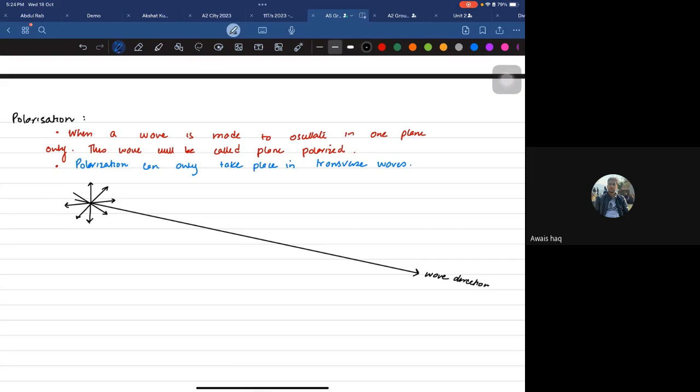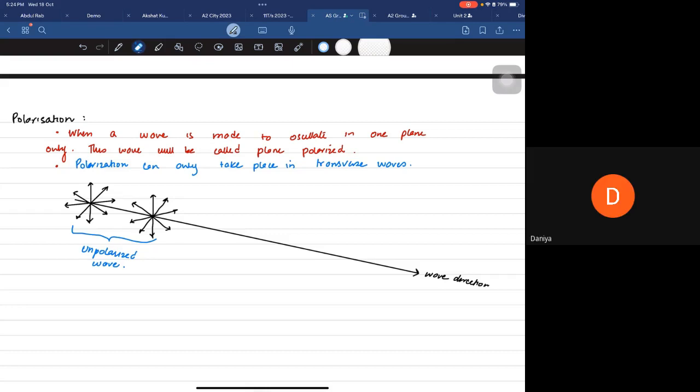Alright, kids? These waves are like that. This sort of wave is called an unpolarized wave. Do you guys understand that they're vibrating in all directions basically?